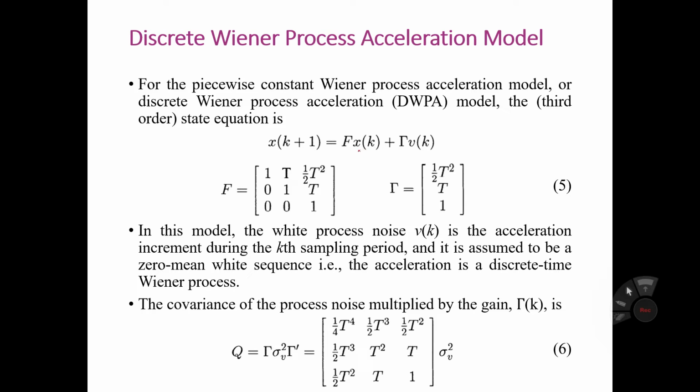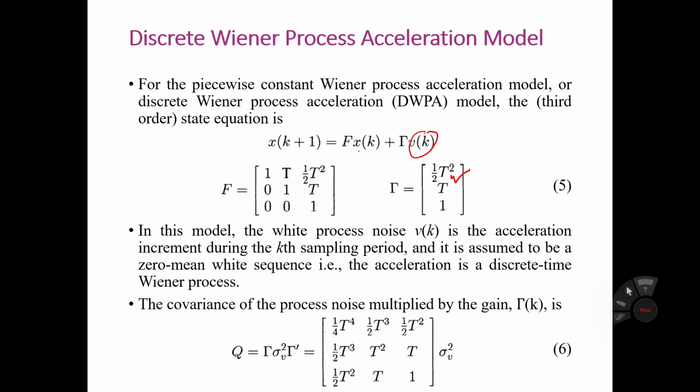So here x of k is a 9 by 1 vector, F is a 9 by 9 matrix, and gamma is a 9 by 3 matrix. This is the noise gain, which is multiplied with the process noise.